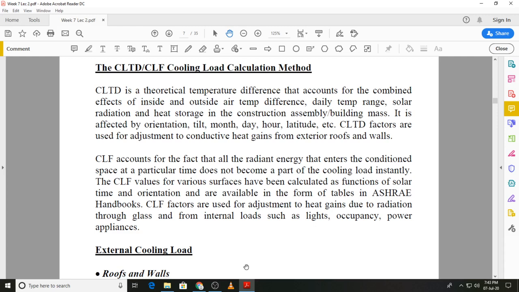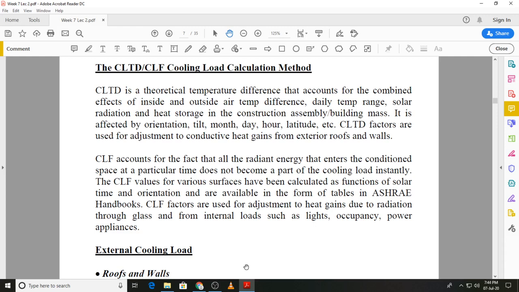However, when we look at the cooling load on a building, we have to also keep in mind that the outside temperature does not remain constant during the day. It constantly changes.